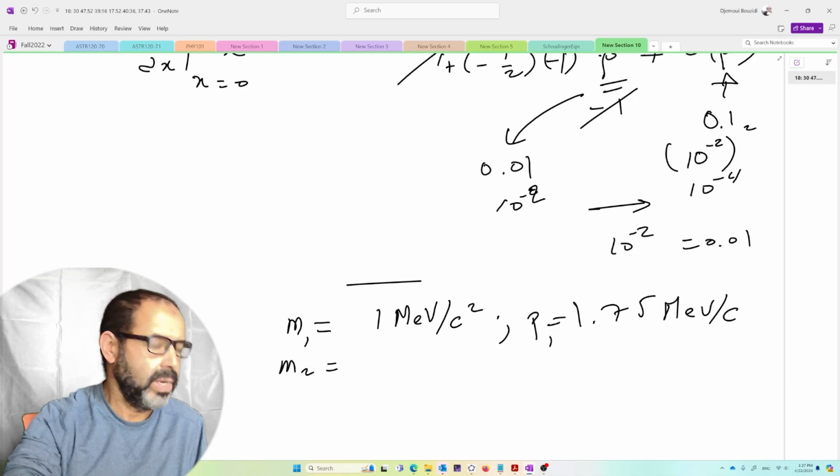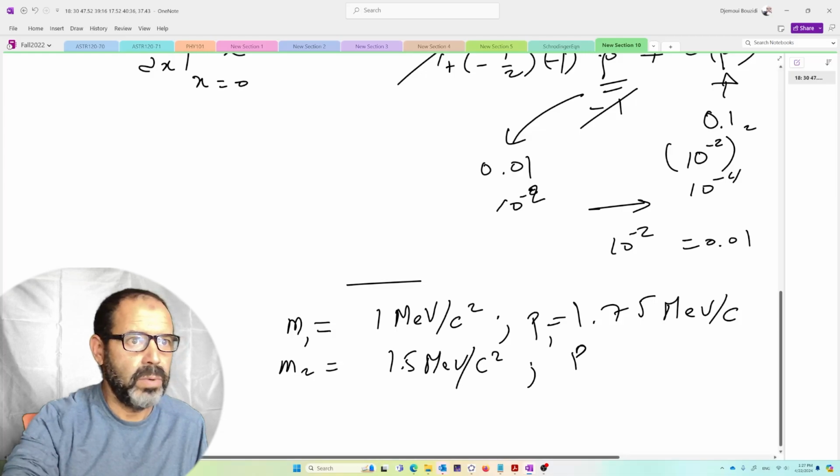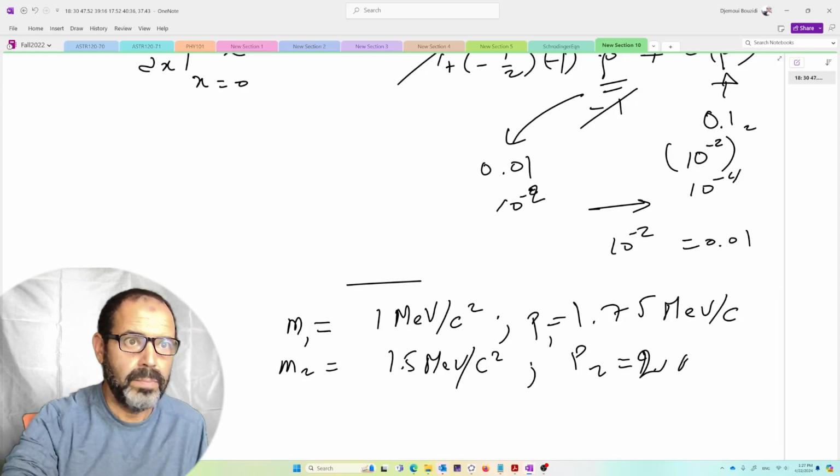And for particle 2, they give us its mass, which is 1.5 MeV per c squared, and its momentum p2 is 2.02 mega electron volts per c.